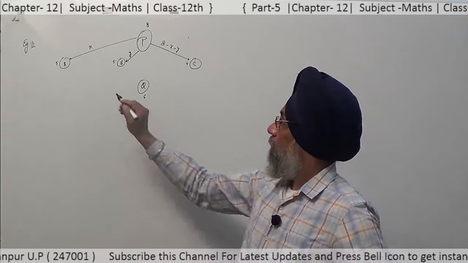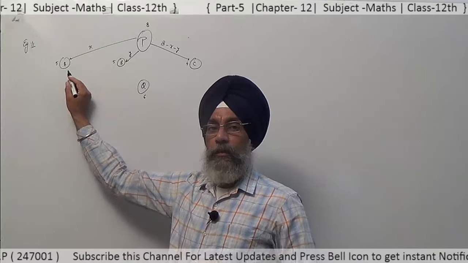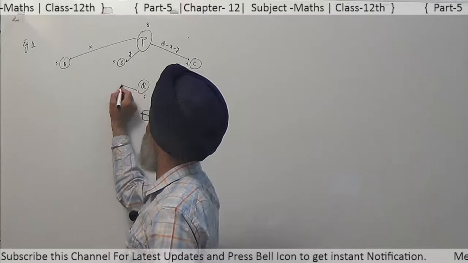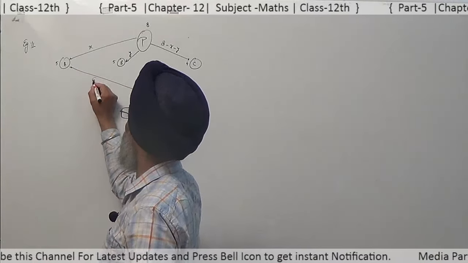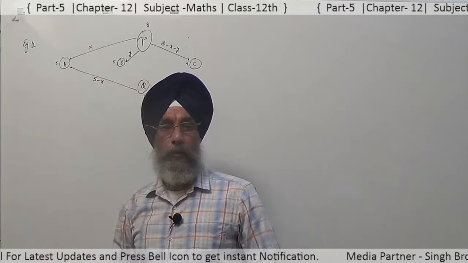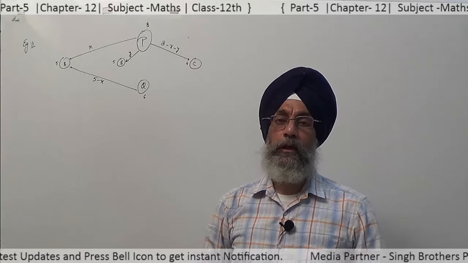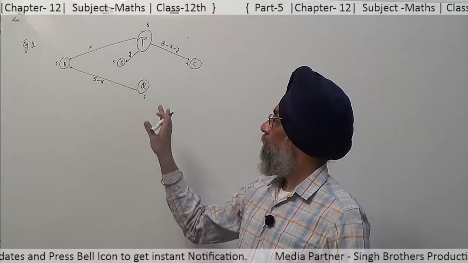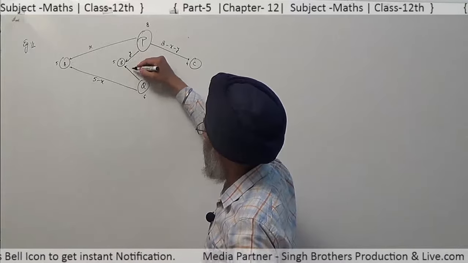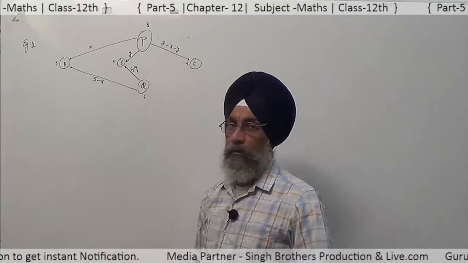Now, the units required at A are 5, and X units are transported, so the remaining is 5 minus X. 5 are required, X are delivered, the remaining are 5 minus X, which is delivered from Q to A. Then Q to B, it becomes 5 minus Y, because Y are delivered.